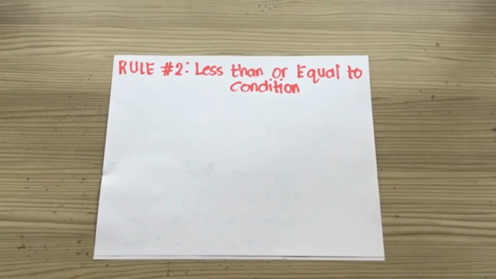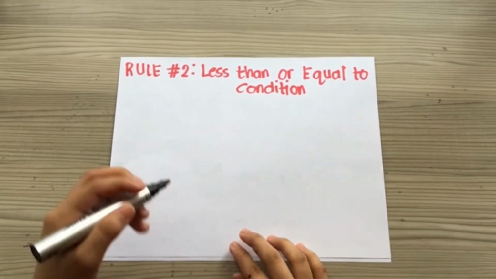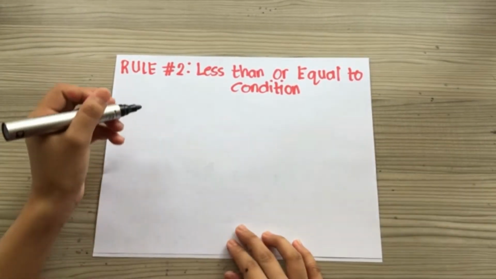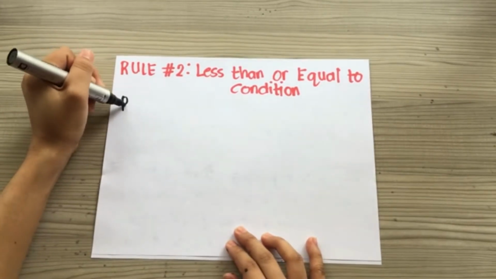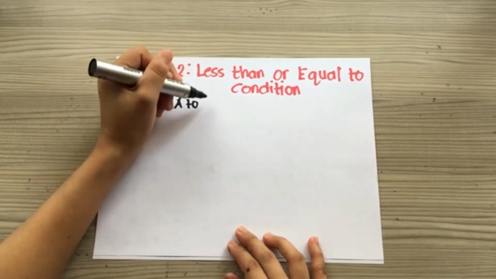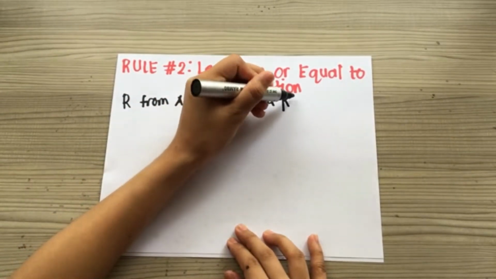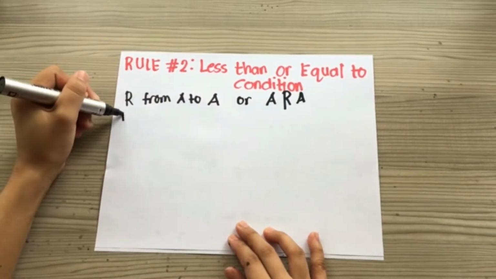Rule number 2, and the last rule, is the less than or equal to condition. We define a relation R from A to A by the rule (x, y) is a member of R if x is less than or equal to y.